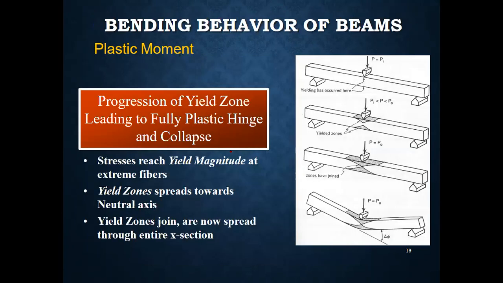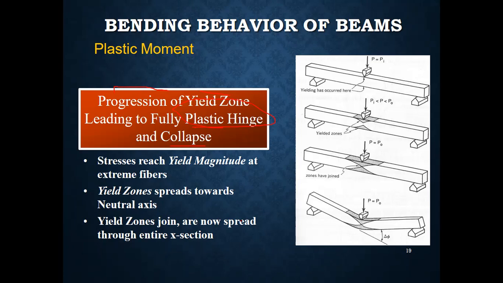So the progression of the yield zone ultimately leads towards collapse, and this collapse is basically due to the formation of a full plastic hinge in the member.